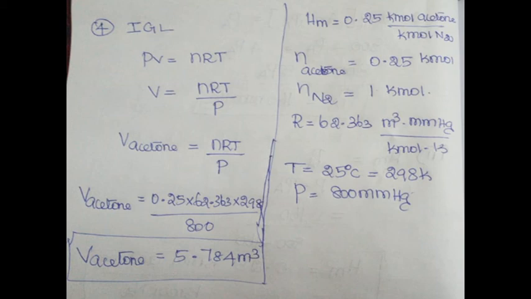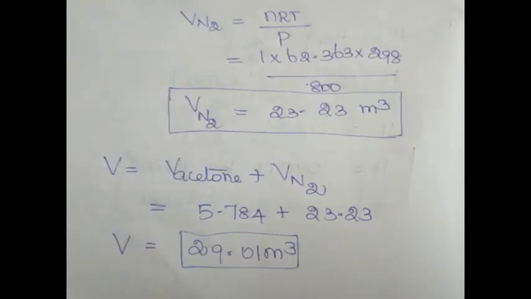Okay. Now we are ready to calculate the volume of acetone. Here the number of moles is known, R is known, T is known, P is known. Substitute here. Find out the volume of acetone, 5.784 meter cube. Next we are going to calculate the volume of nitrogen. Similarly, volume of nitrogen is equal to nRT by P. For our case, the number of moles of nitrogen is 1, capital R is a constant, T is given, capital P is given.